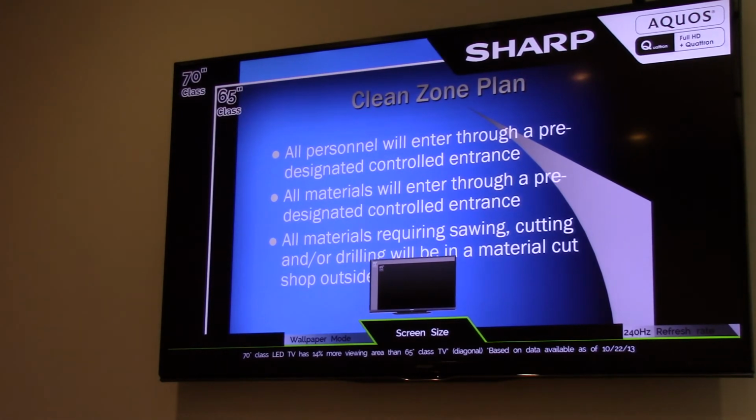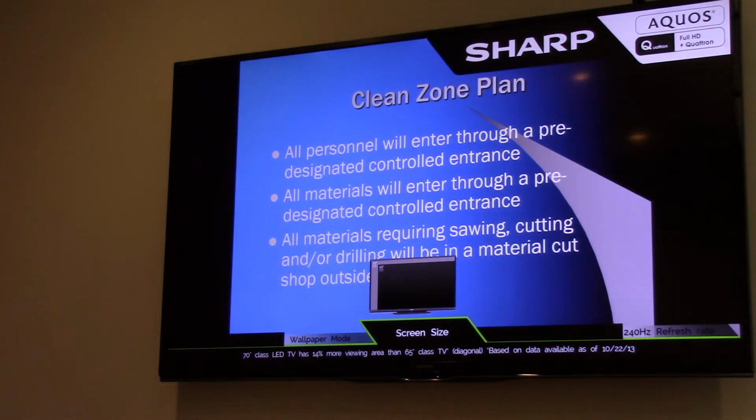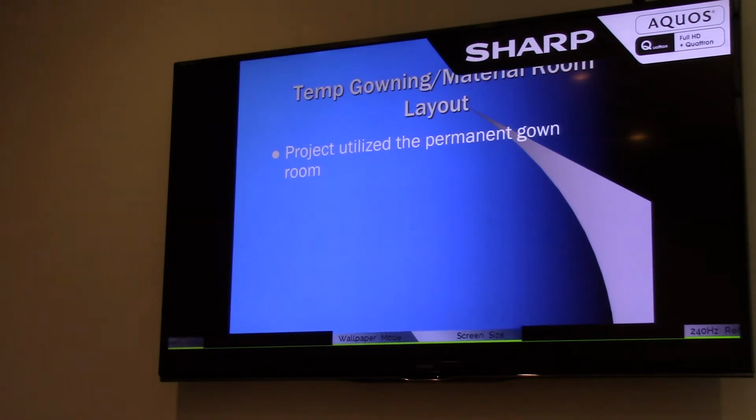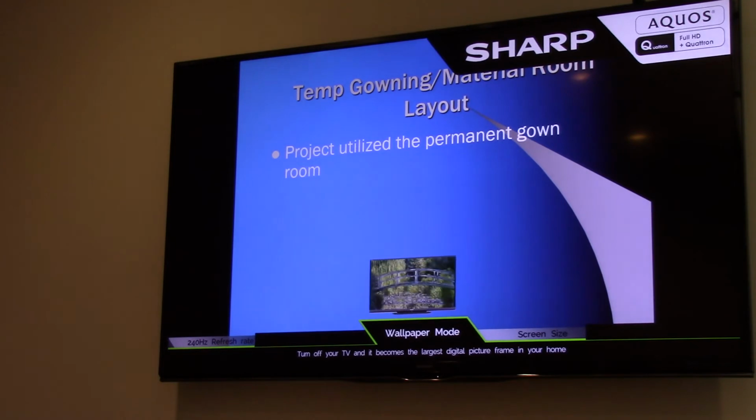And then we generate a clean zone plan, so we have a controlled entrance. In this case, it was pretty simple. We actually used the entry that's going to be used for operation. That's what we use as our entry point. And then at some point the university is going to have to purchase gowning materials.